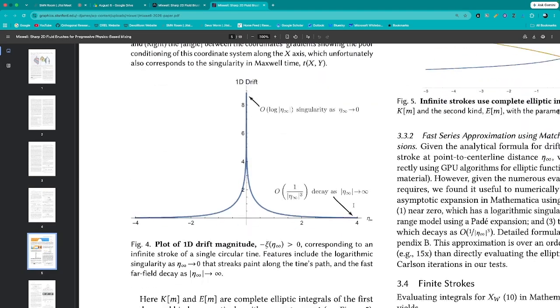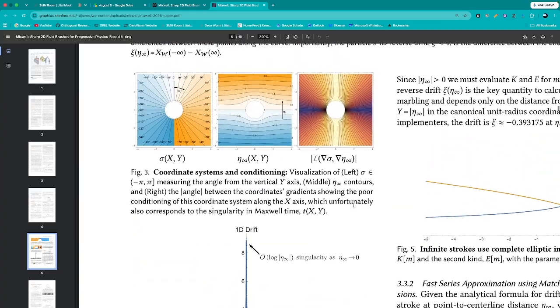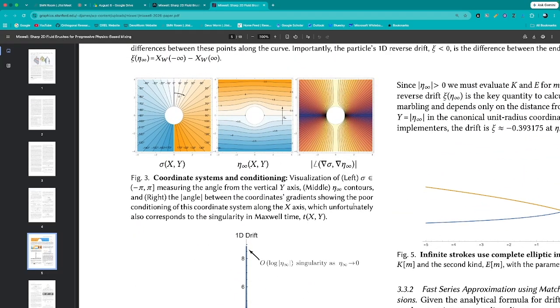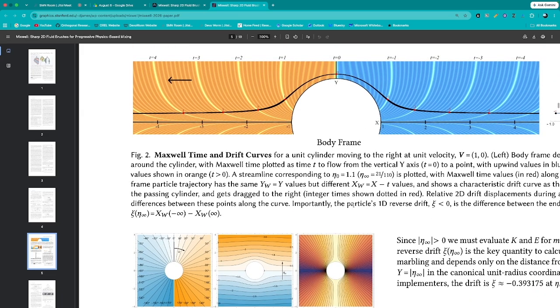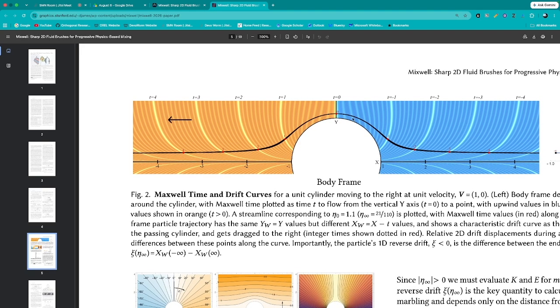This section are figures that show some of the calculations in graphical form. So this shows Maxwell's time and drift curves for a unit cylinder moving to the right at some unit velocity of 1.0. So this just shows that the flow is going in this direction.